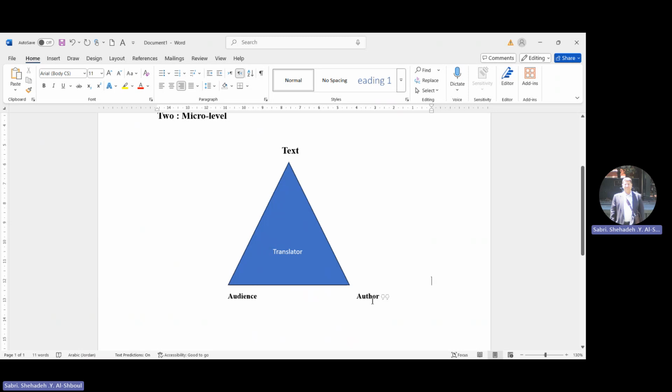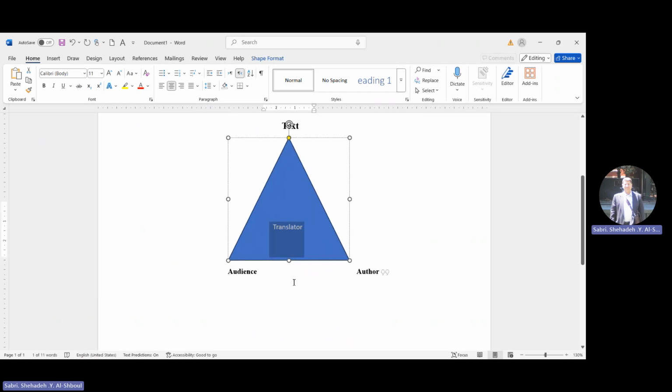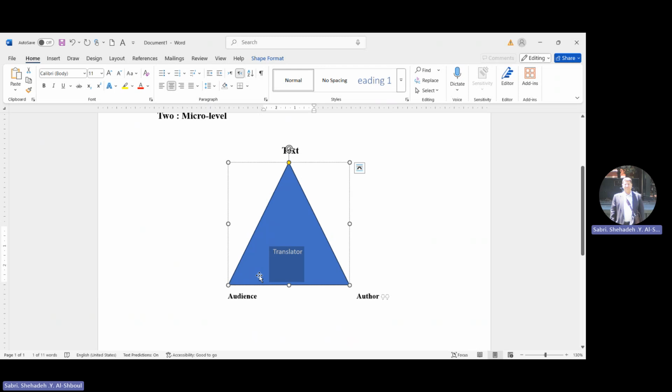They occupy the three angles, and the fourth, which is the translator here, is located in the center as shown in this triangle.